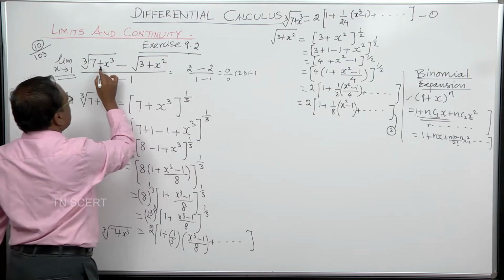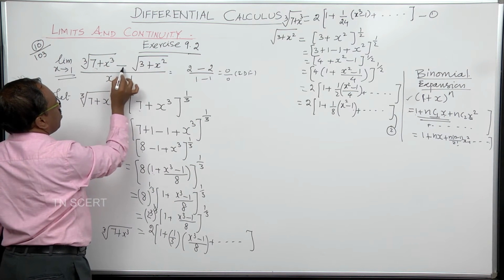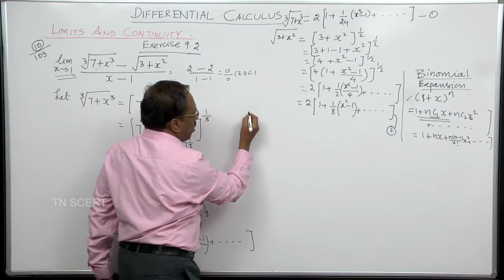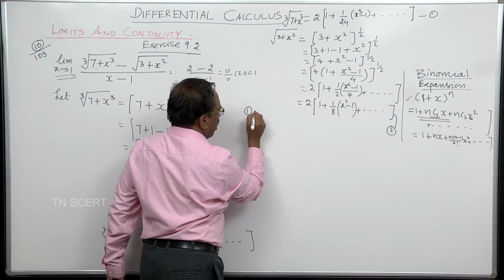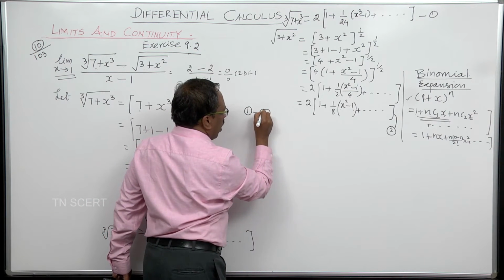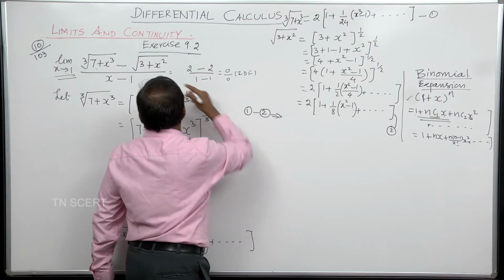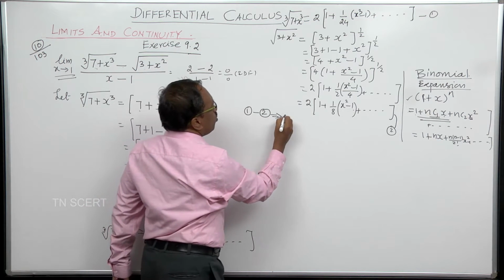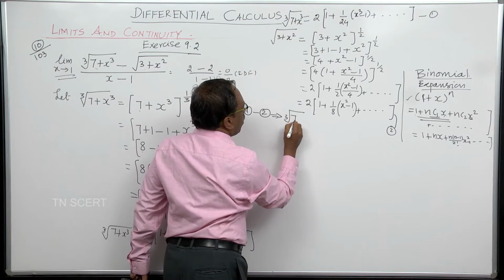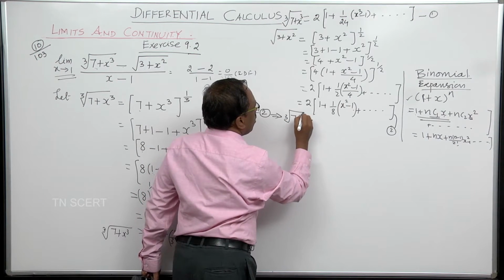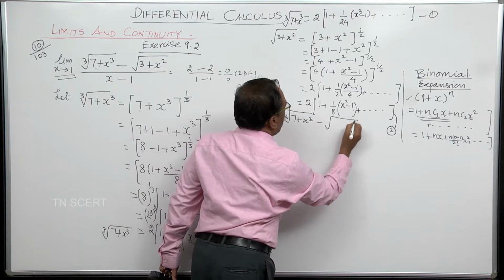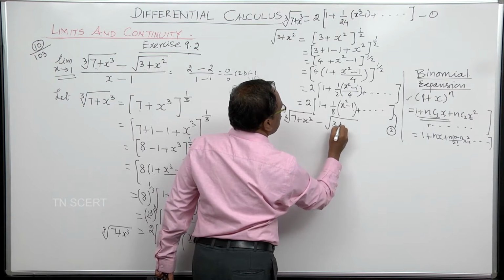Is this adding or subtracting? Here it is the first term minus the second term. So that means 1 minus 2. I do that process now. Why am I doing it? I need to get the value of the numerator, cube root of 7 plus x cubed minus square root of 3 plus x square.